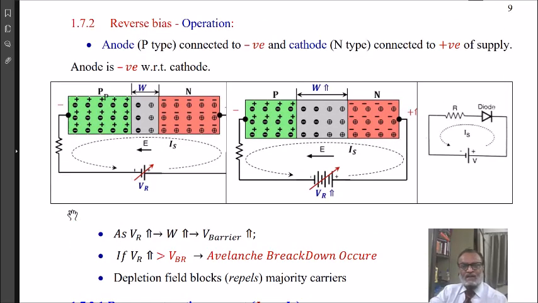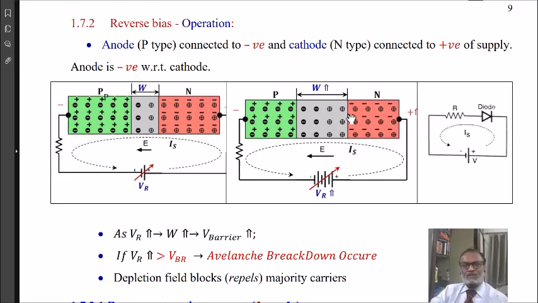If we apply an excessively large voltage across any practical PN junction, then due to the large field, a lot of force is applied on the charged particles and they get accelerated.